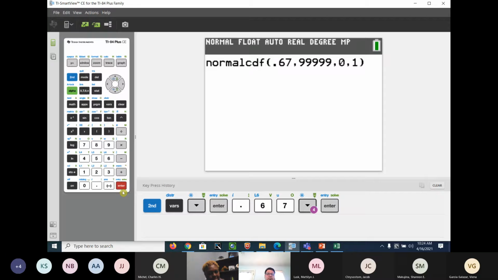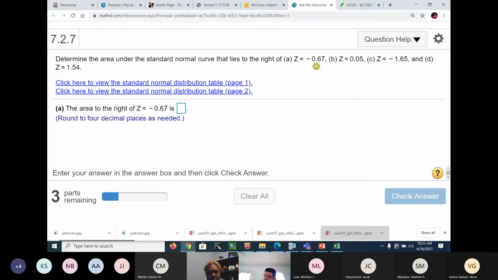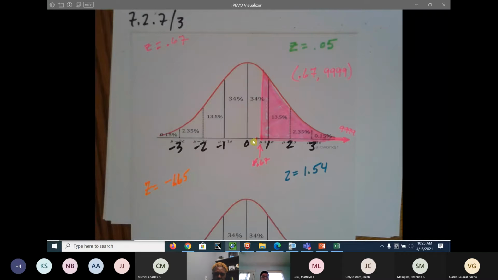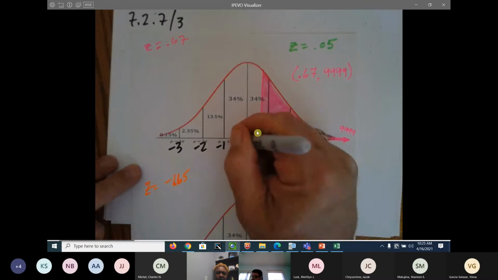We're taking those pills, Miss Dennis. I thought it was negative. What? Negative 0.67? No, it's positive 0.67. Let me look, make sure. Oh, shoot. Okay, I'm sorry. Negative 0.67 would be down here.